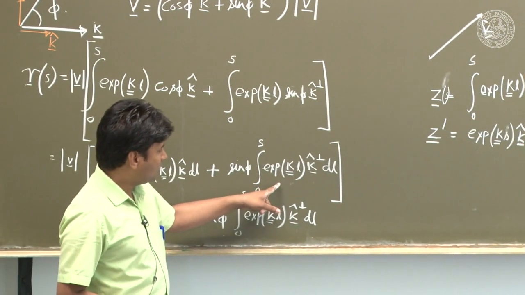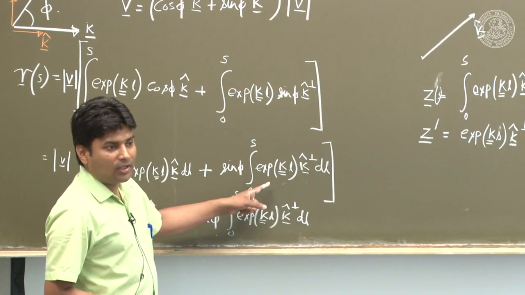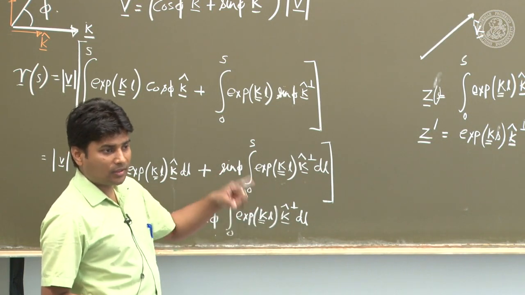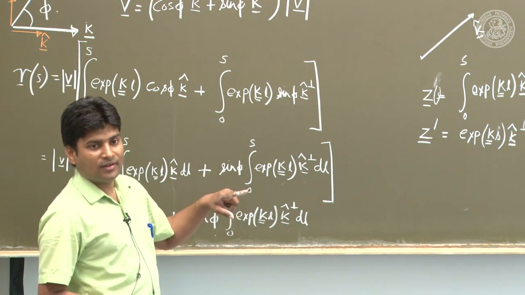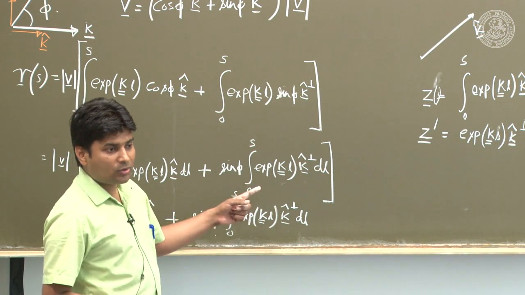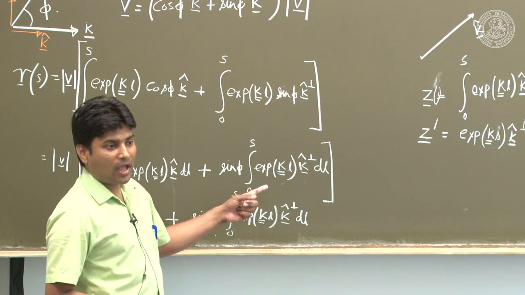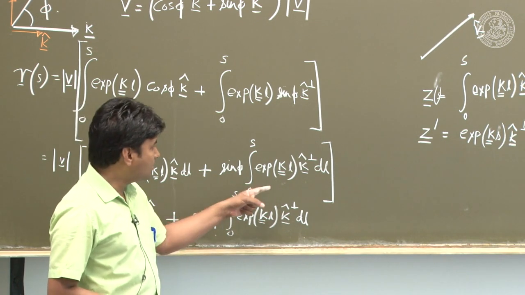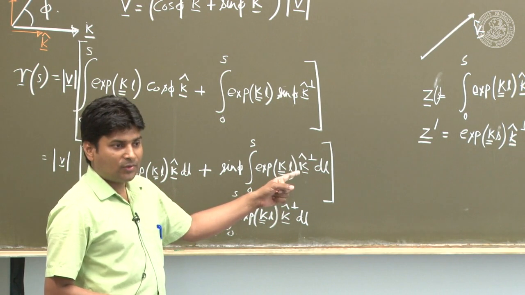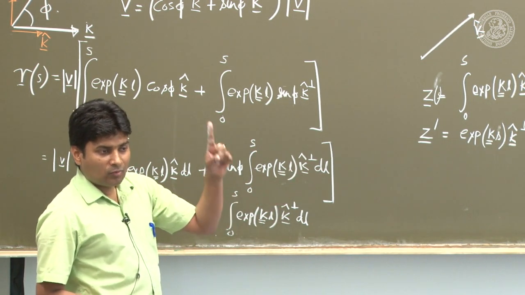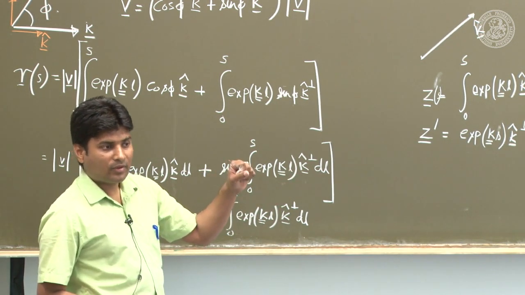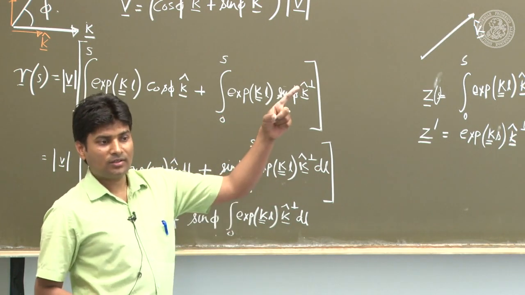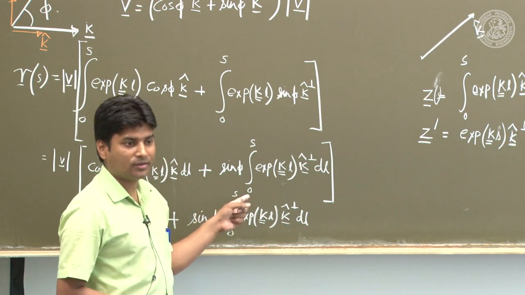Right? So, now you think, what is this term doing then? This term is going to trace a curve which will be a circle, and the normal to that circle will be k hat, because the tangent is k hat perp. So, the plane of the circle will be the plane of k hat perp and the rotated k hat perp, and the normal to the circle will be k hat.